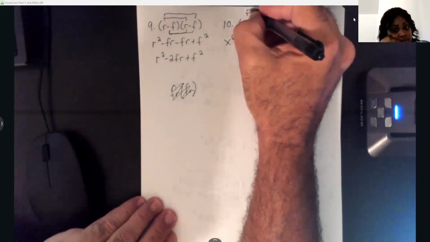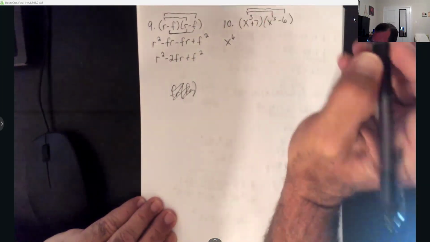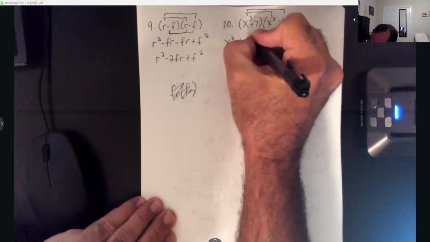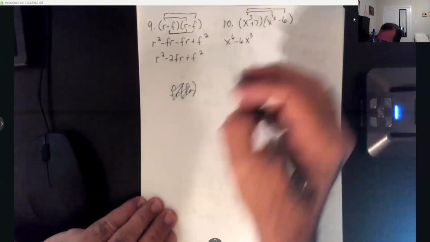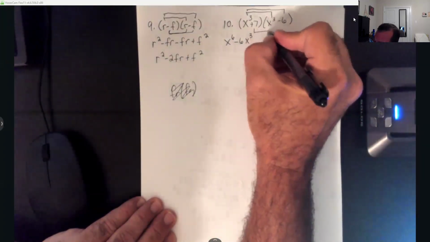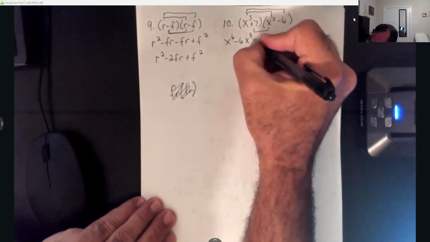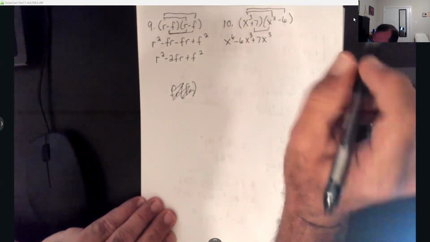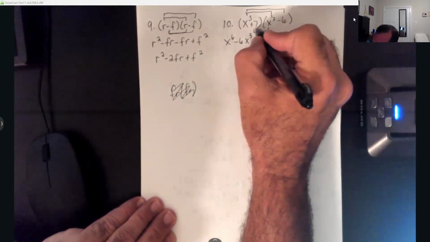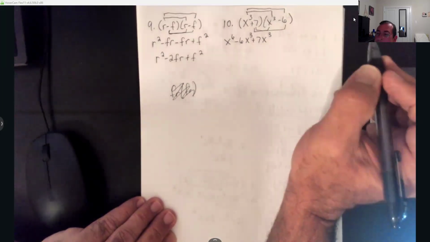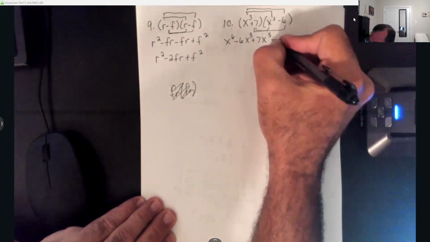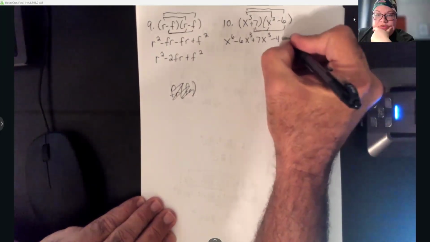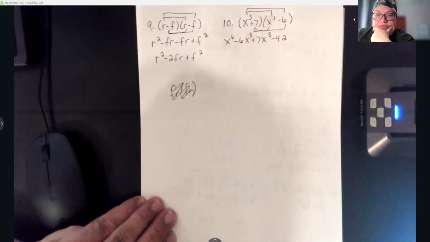All right, y'all. x^3 times -6 is -6x^3. Then you're going to do the inside: 7 times x^3 is a positive 7x^3. And finally, 7 times that negative 6 is negative 42.